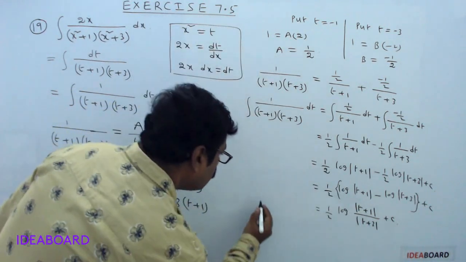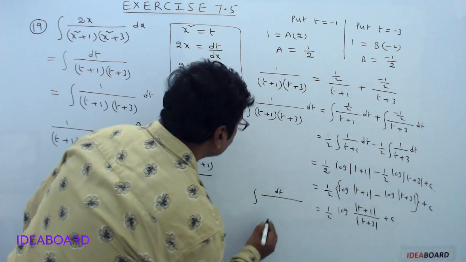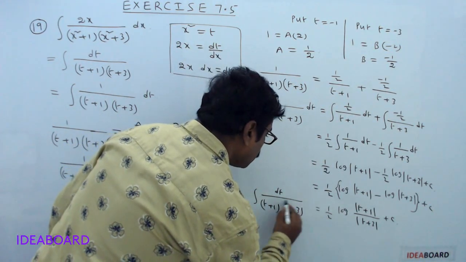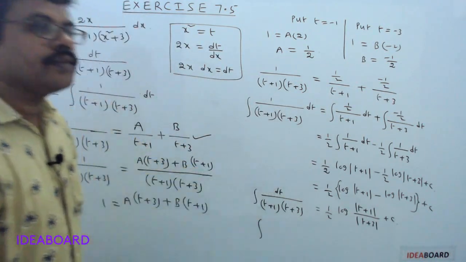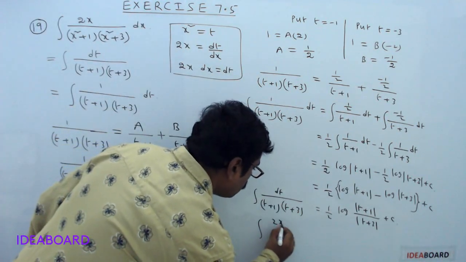Now this is the value of integral dt divided by (t plus 1) into (t plus 3). Now therefore, integral dt: what is the value of dt? 2x into dx.